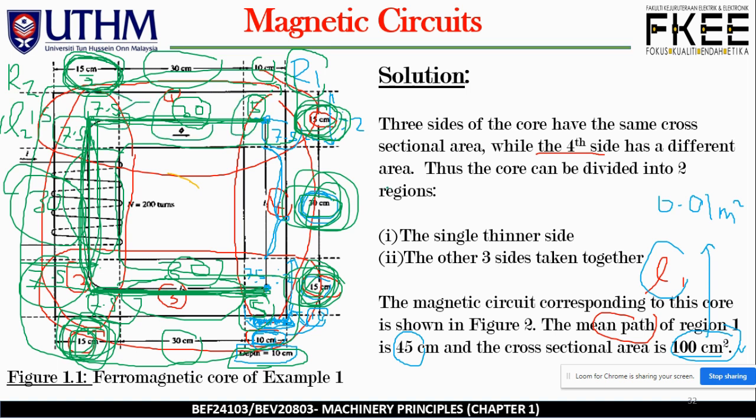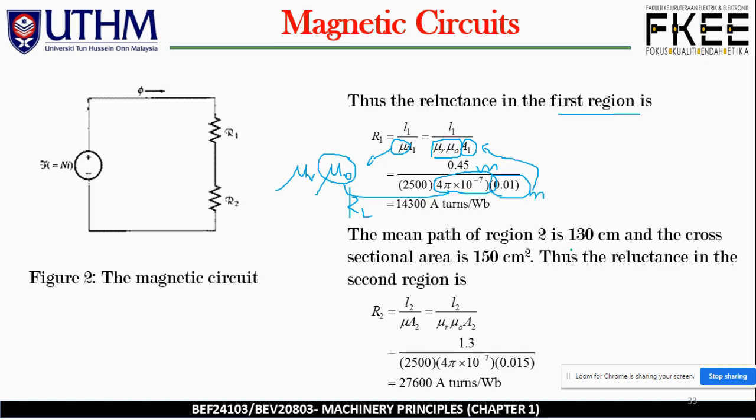You add up together, all together, give you the mean flux length of region 2 is now 130 centimeter, or 0.1, oh sorry, 1.3 meter. Okay. And the cross sectional area is 150 centimeter square.